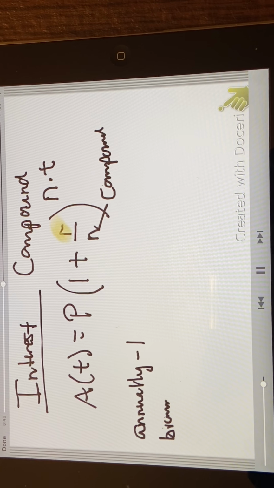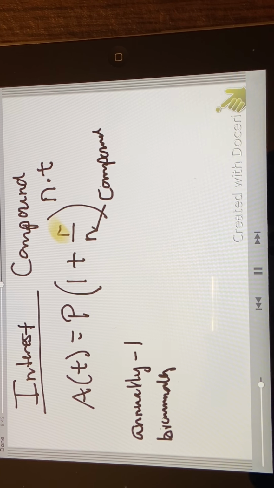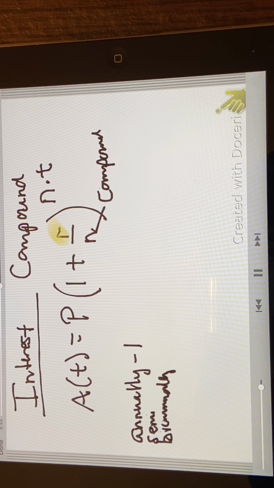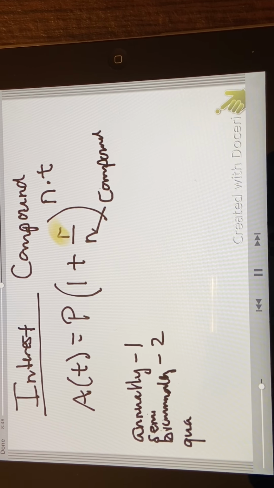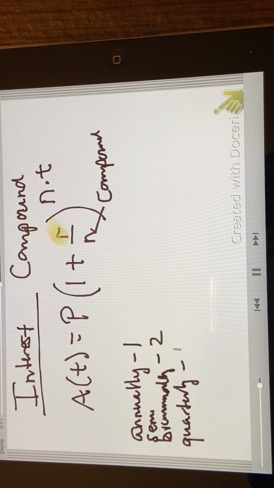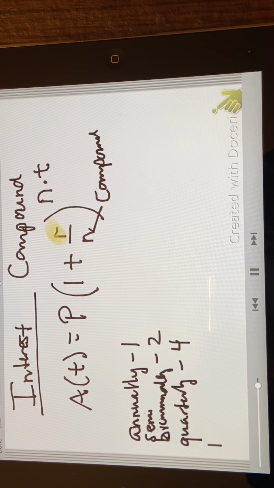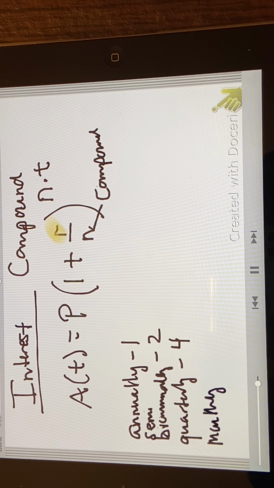Biannually or semi-annually, otherwise known as twice. Quarterly is 4, and then monthly, of course, is 12.